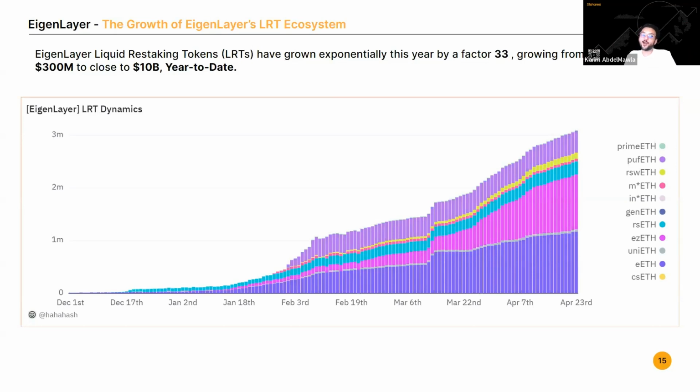This is quite phenomenal. We haven't really seen this kind of growth. We've seen it over a longer time period, but it shows how eagerly anticipated EigenLayer has been, and the level of unprecedented excitement that the crypto ecosystem has demonstrated towards it.